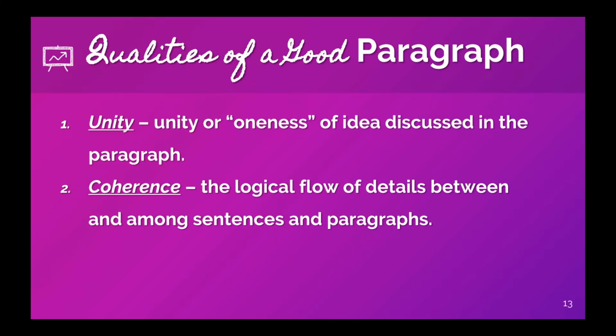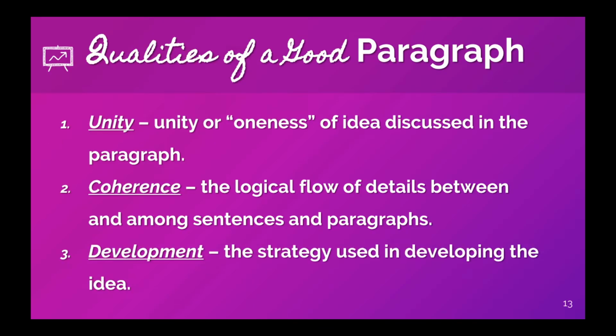Second is coherence. Coherence is somewhat similar with unity, but coherence is more of the logical flow of details between and among sentences and paragraphs. Meaning, how did you connect the first sentence, the second sentence, the third sentence, and the ideas they contain? So it's about coherence. So unity talks about oneness of the topic, and then coherence is about connections between the sentences in your paragraph.